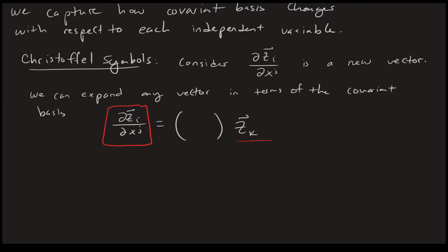That's the notion we're trying to get across here. And we call these things the Christoffel symbols, gamma^k_ij. These are the components of partial z_i partial x^j with respect to the covariant basis.